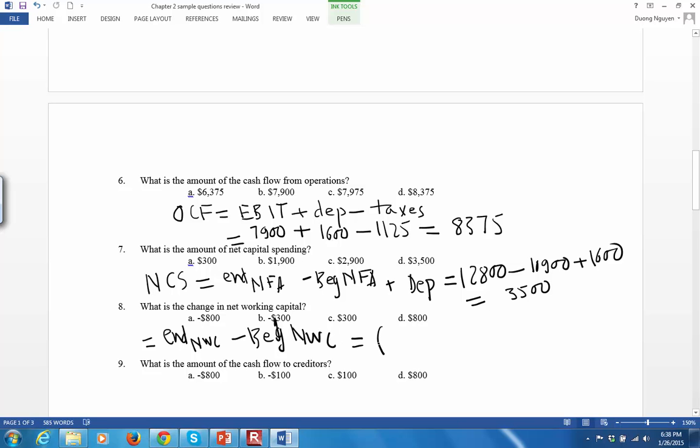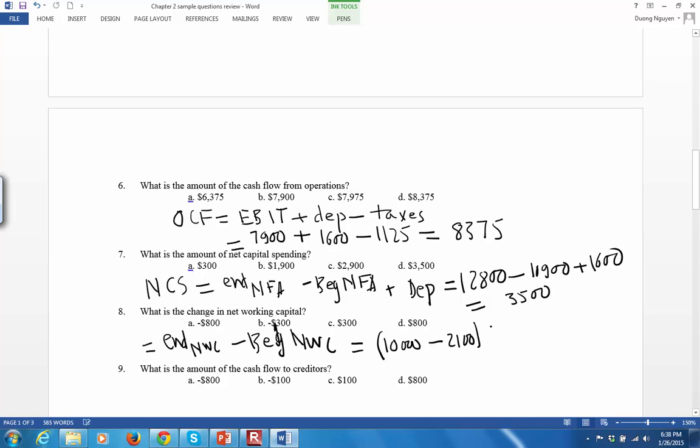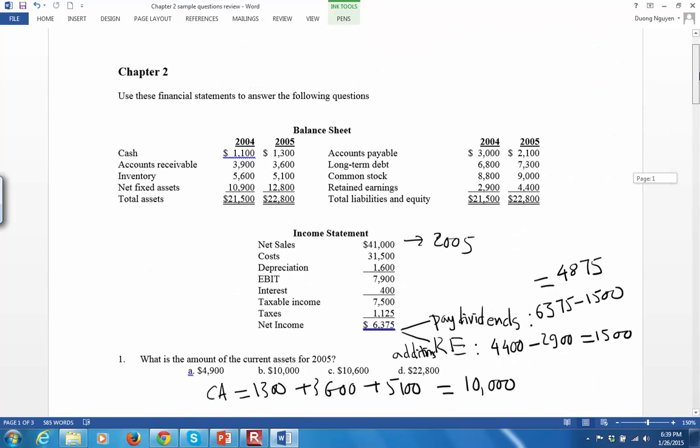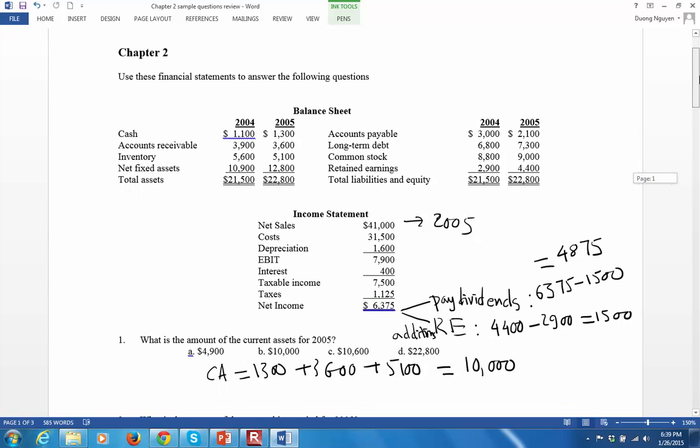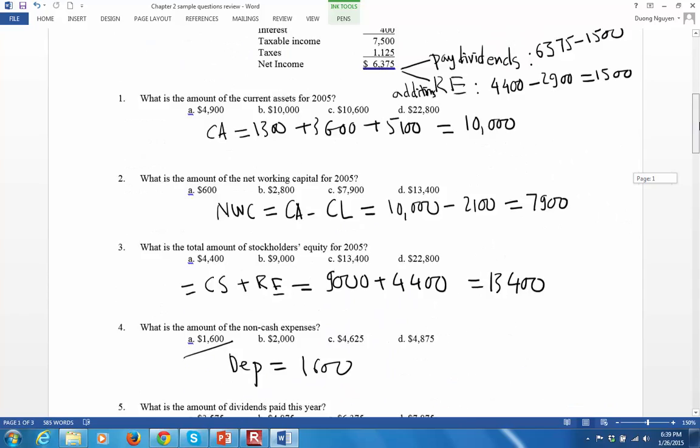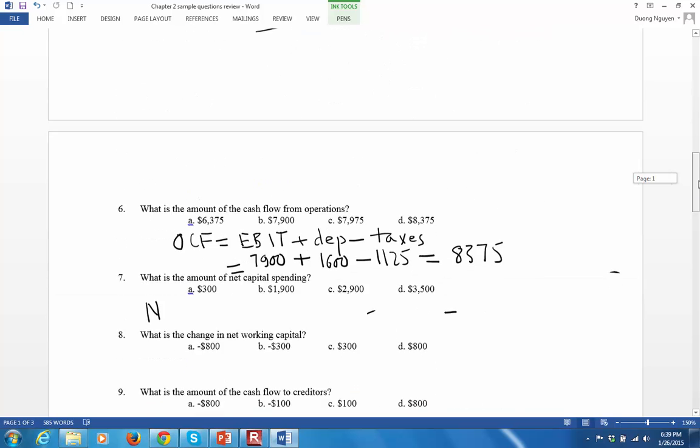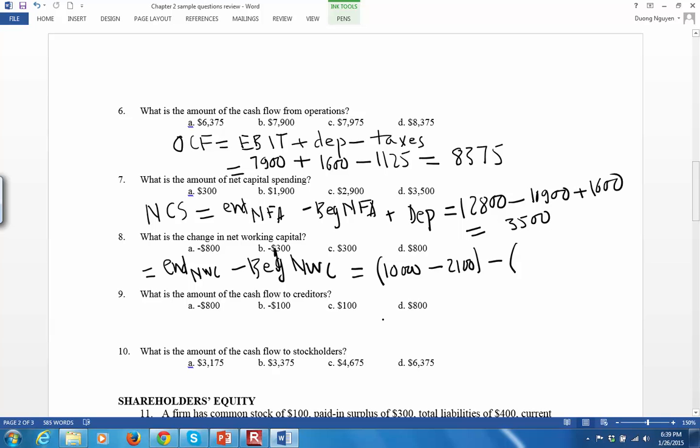Ending net working capital is current assets at the end, which is 10,000, minus current liabilities at the end, which is 2,100, minus beginning net working capital, which is 1100 plus 3900 plus 5600 minus the current liabilities at the beginning of the year, which is 3,000.